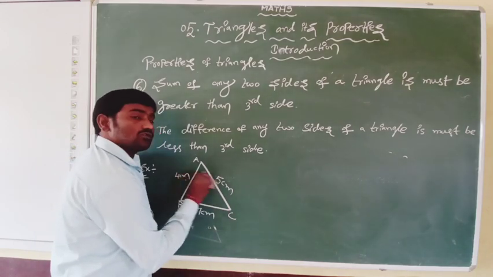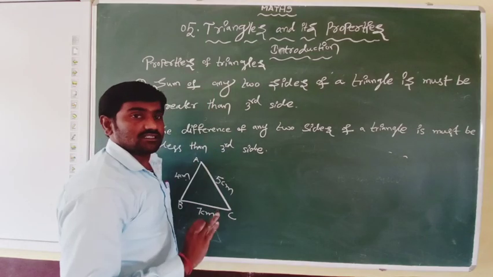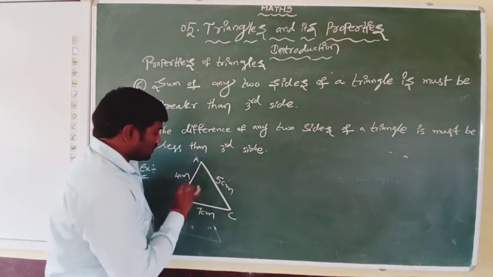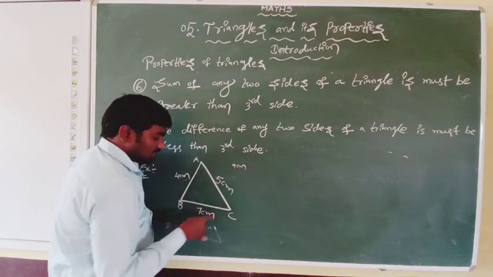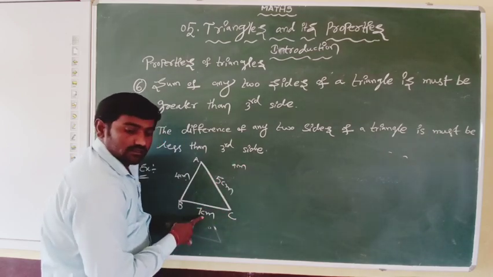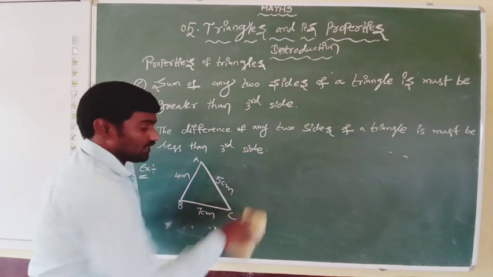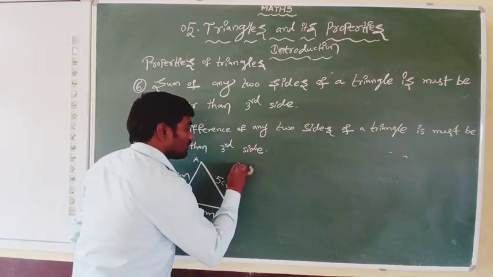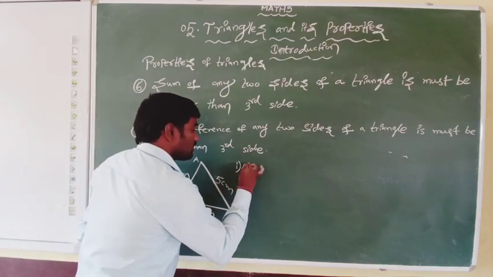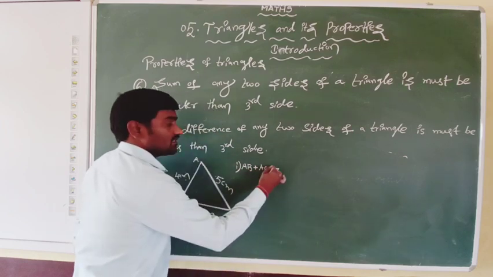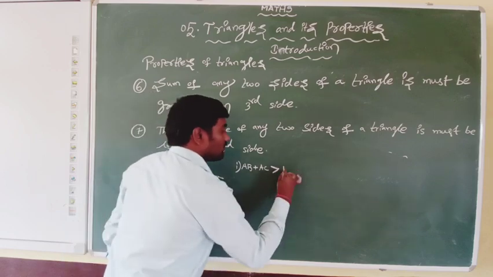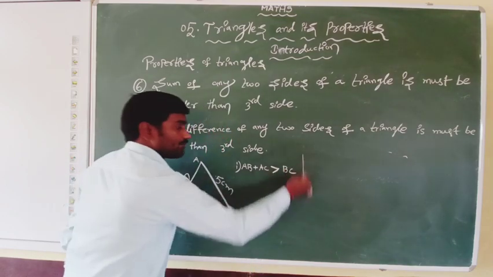If you are adding any 2 sides, it must be greater than the third side. It should be more than the third side. 4 centimeter plus 5 centimeter, that is 9 centimeter. Is 9 centimeter greater than 7 centimeter? Yes. See that. Here AB plus AC is greater than BC. It is satisfied.